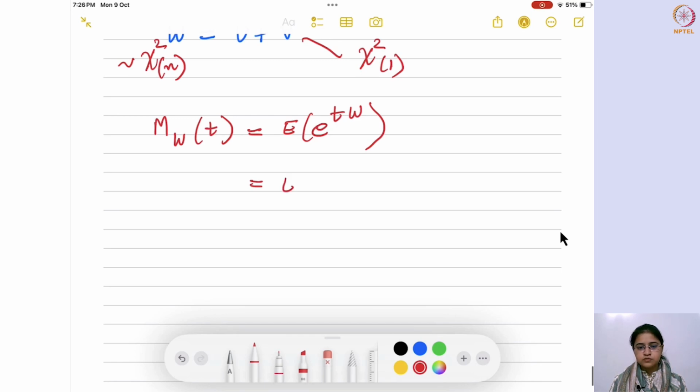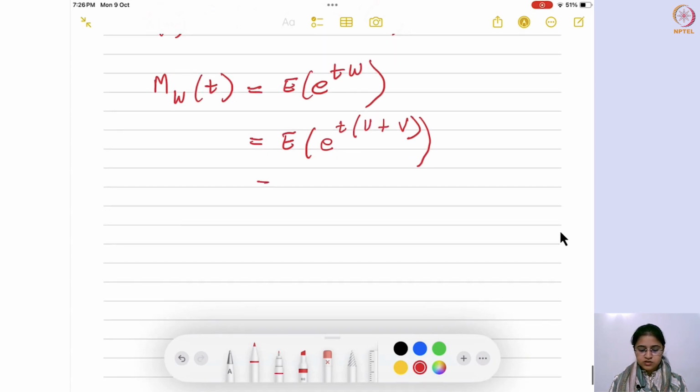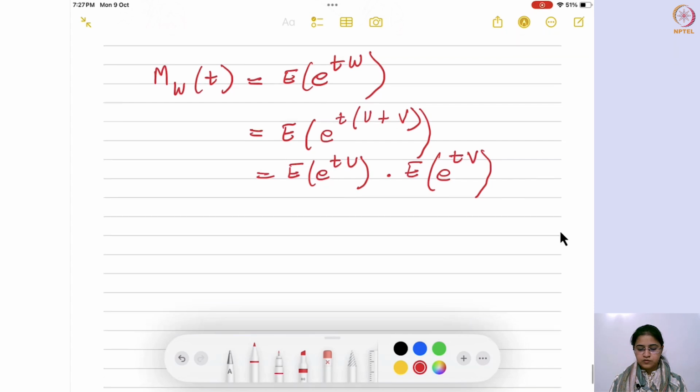Substitute the value of W, U plus V. This is the expected value of e raised to the power tU into the expected value of e raised to the power tV.